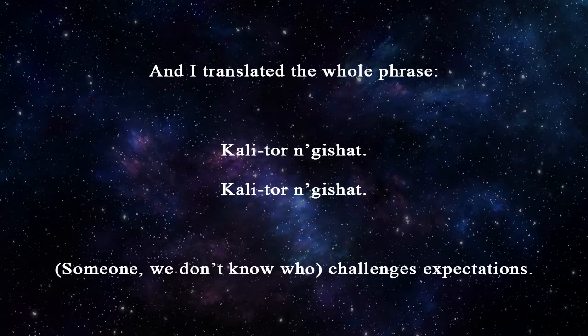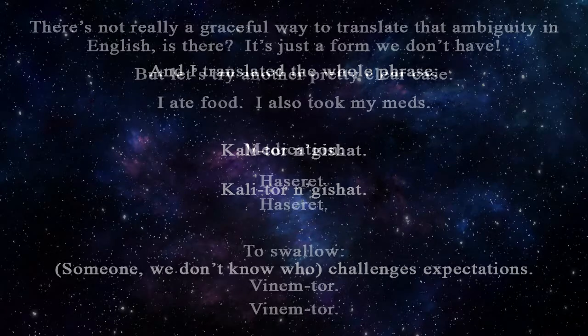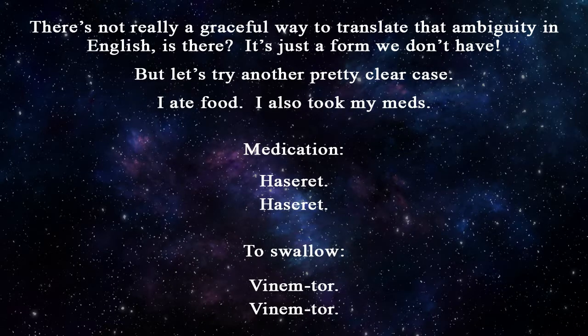And I translated the whole phrase kalitor ngishat. Someone, we don't know who, challenges expectations. There's really not a graceful way to translate that ambiguity into English, is there? It's just a form we don't have.